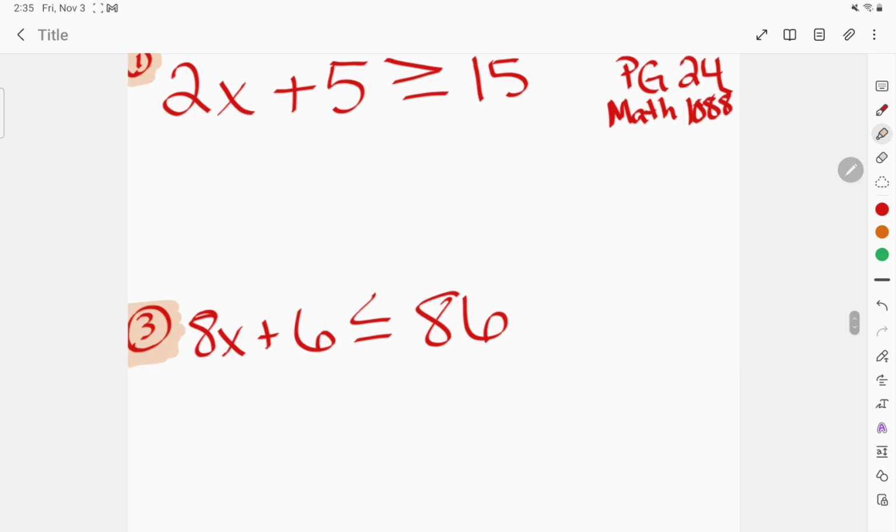This is going to be number 1 on page 24. All right, so number 1, I have 2x plus 5 is greater than or equal to 15. So the first thing that I do is move the 5 over. I do that by performing the opposite action.